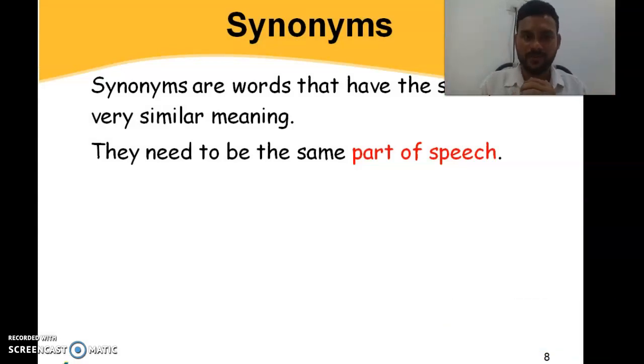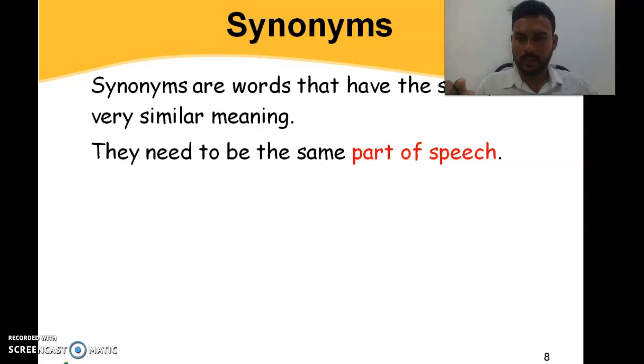Synonyms. Synonyms are words that have the same meaning or similar meaning to the main word. And remember one thing, they need to be the same part of speech.